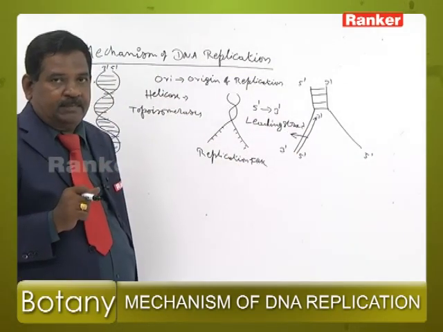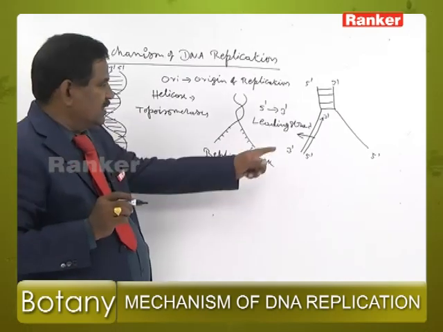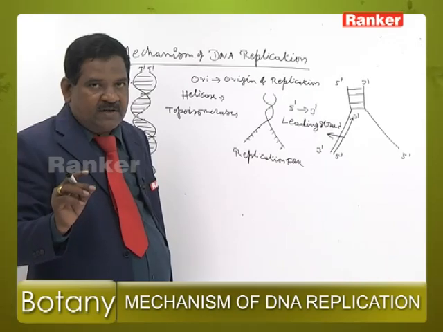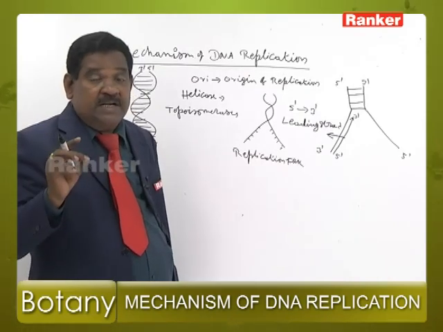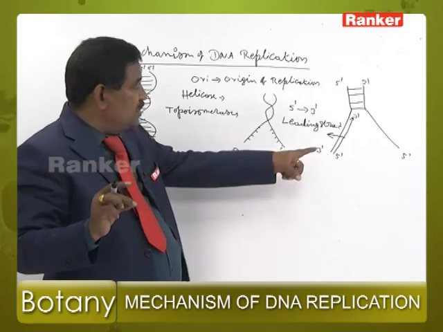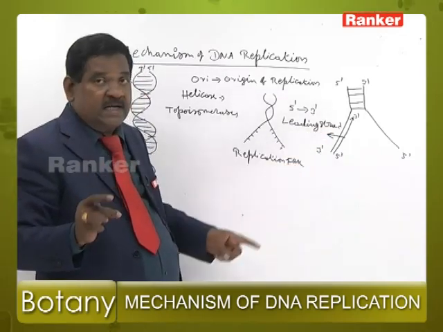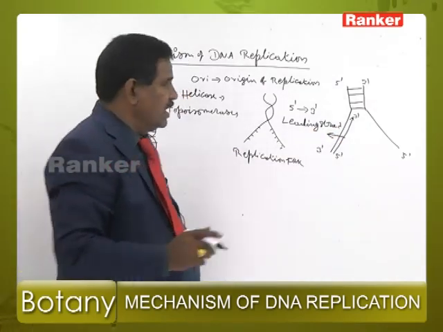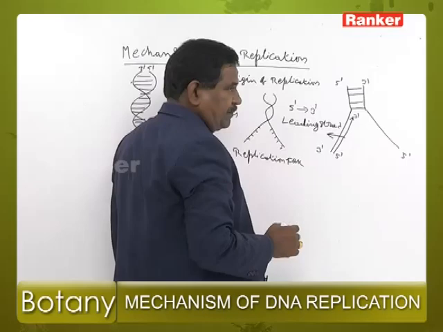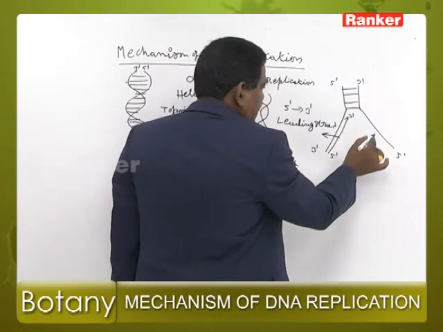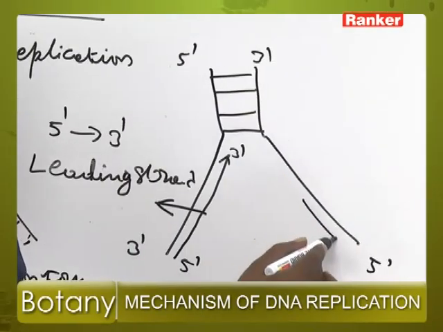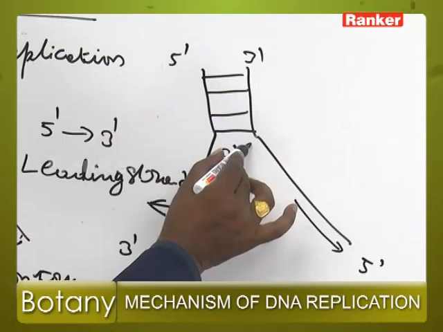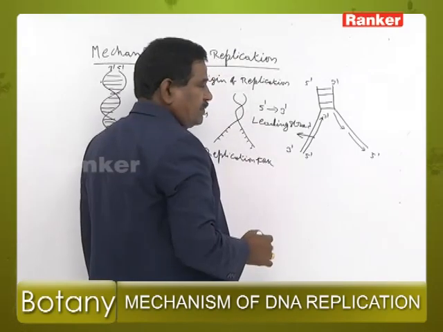Leading strand: the template strand is in the 3' to 5' direction, and the new DNA strand is synthesized in the 5' to 3' direction continuously. That is continuous synthesis, and this continuously synthesizing new DNA strand is called the leading strand. And the complementary strand, the other one, is also formed 5' to 3', but it is discontinuous.